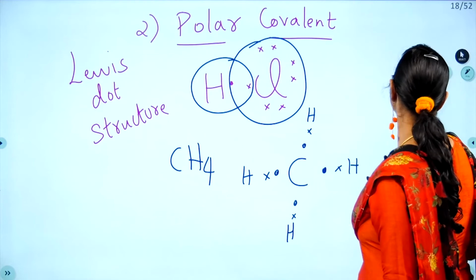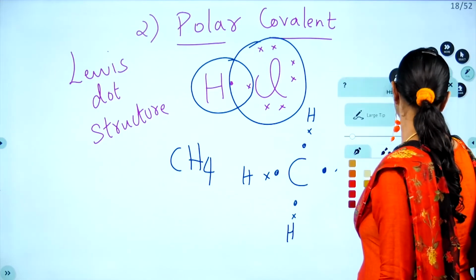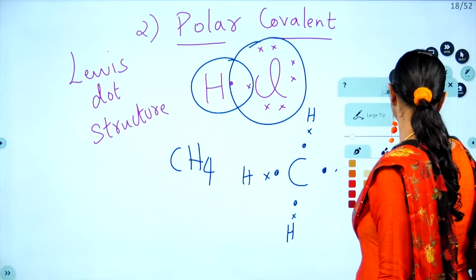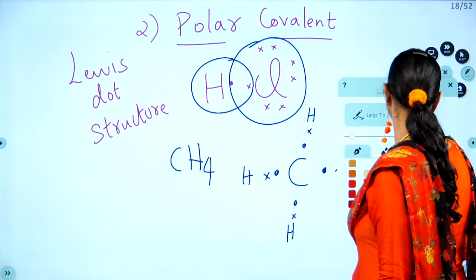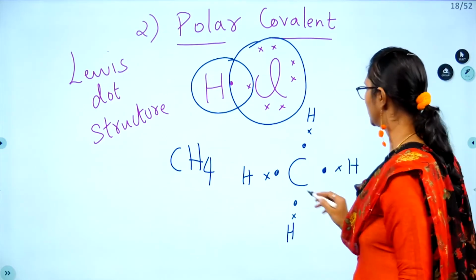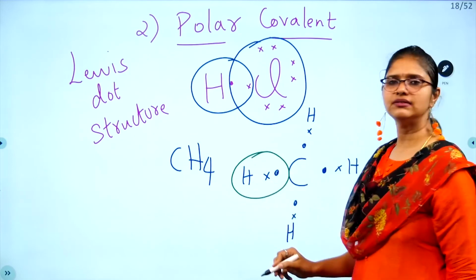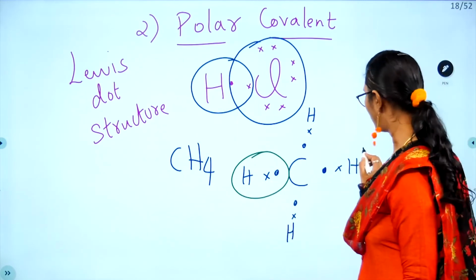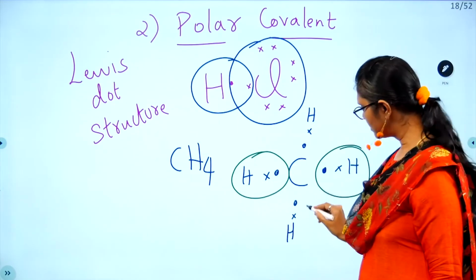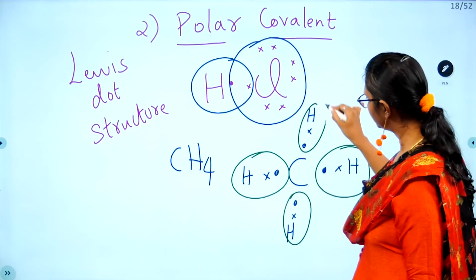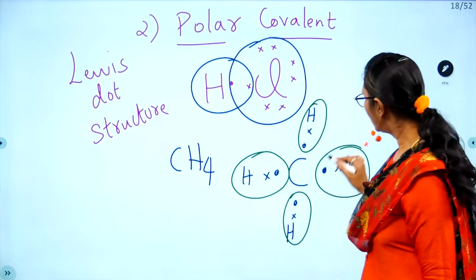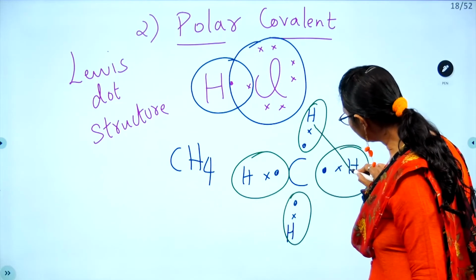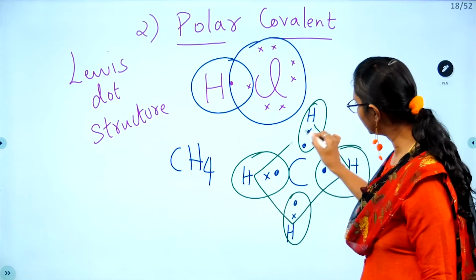Now we are going to show the sharing. See now, this hydrogen will share 2 electrons, no, duplet. So hydrogen will reach duplet in all the 4 cases. Now what about the carbon? 1, 2, 3, 4, 5, 6, 7, 8.